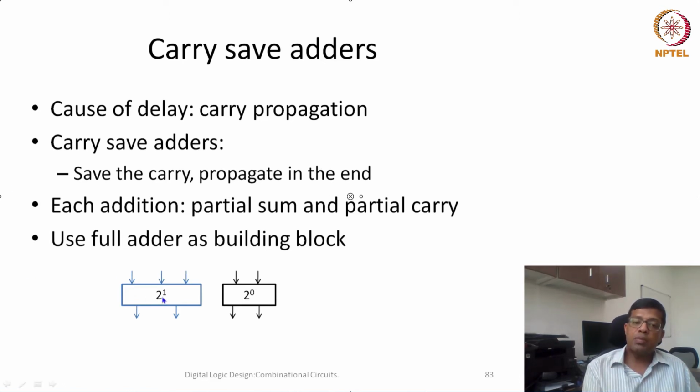So if these inputs belong to 2's place, then we can add all of them, and the sum will also be of 2's place, and our carry would be of 4's place. Similarly, if all of them are of 1's place, my sum would be of 1's place but carry would be of 2's place.